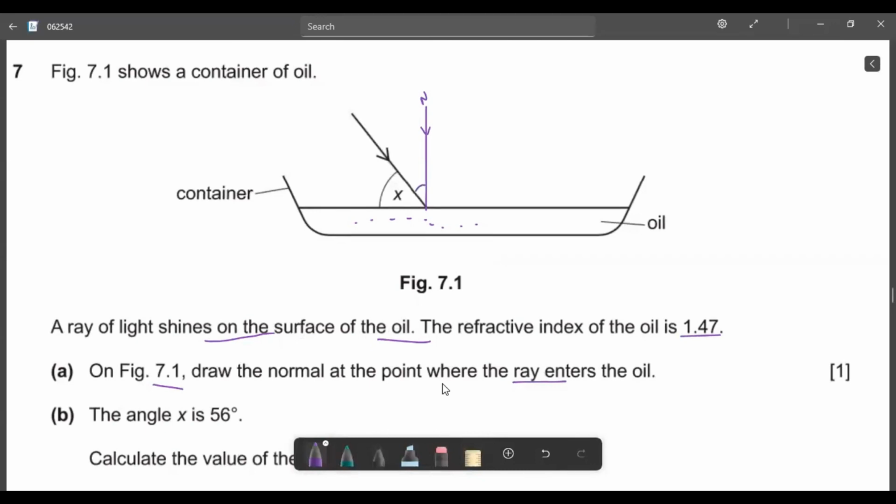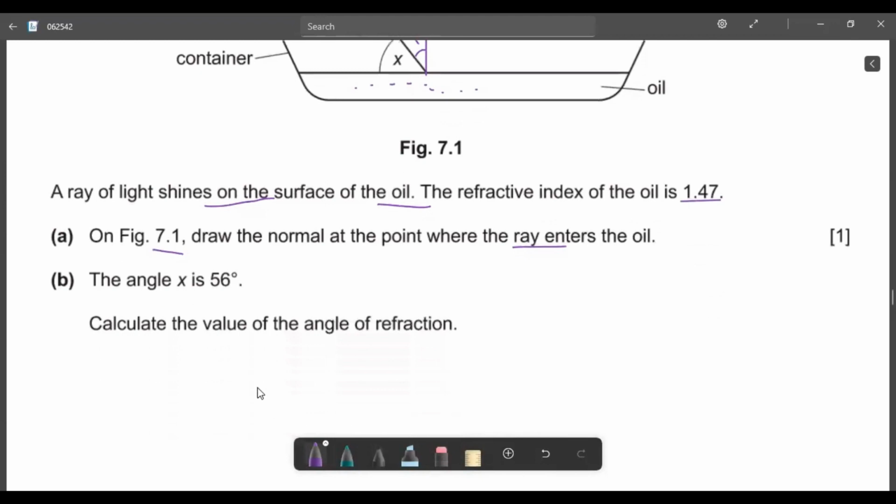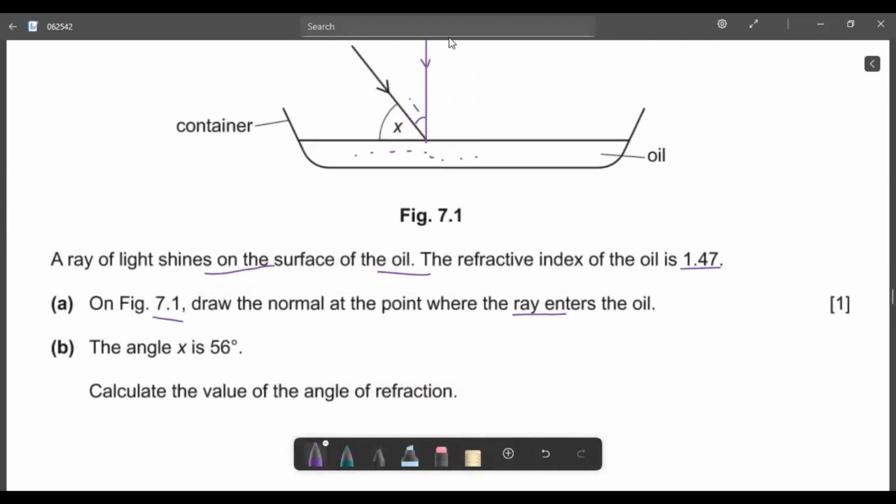And this will be the angle of incidence i. The angle x is 56 degrees. Calculate the value of the angle of refraction.